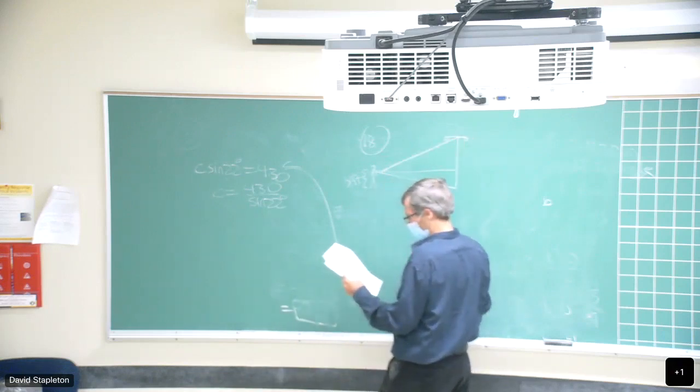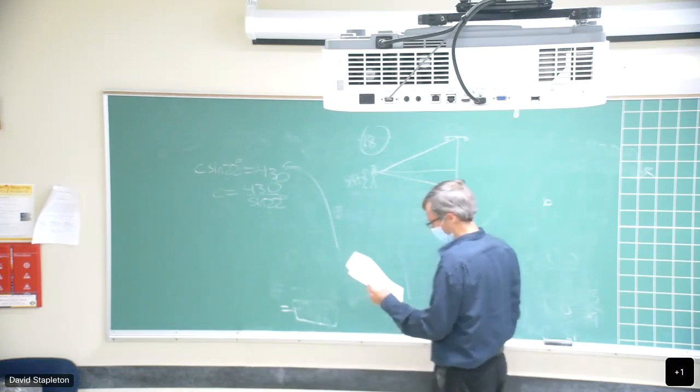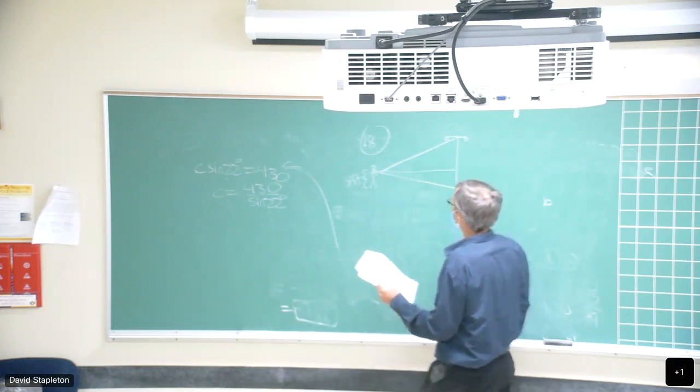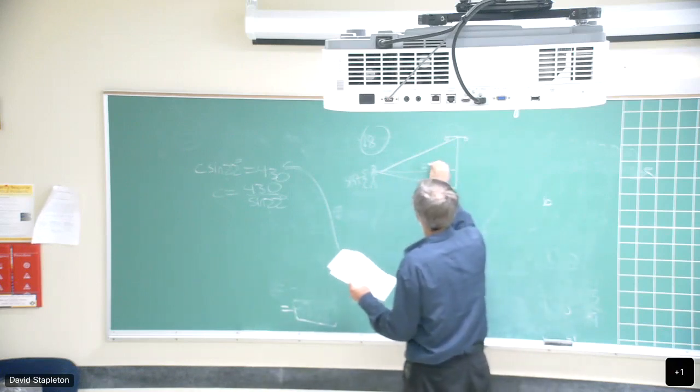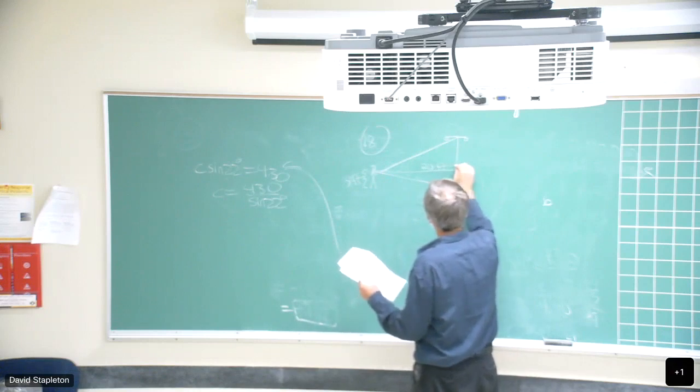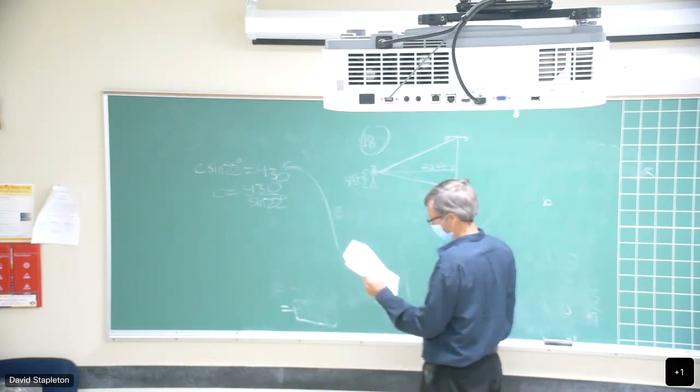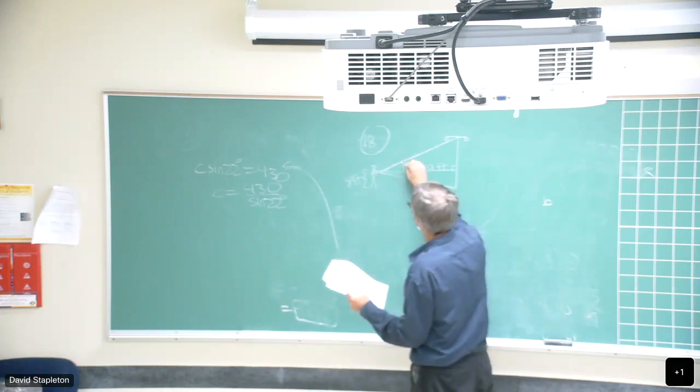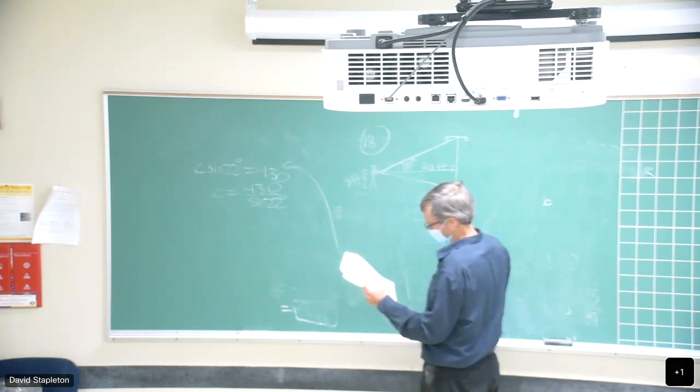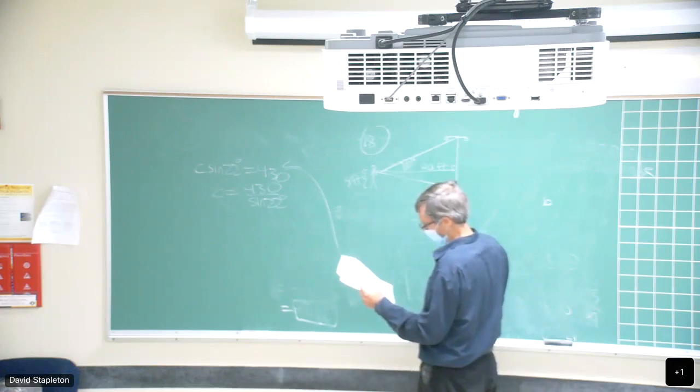The observer knows they're standing 20 feet from the lamppost. So that's a right angle right there. The angle of elevation is 37 degrees. The angle of elevation is up from horizontal. And how tall is the lamppost?